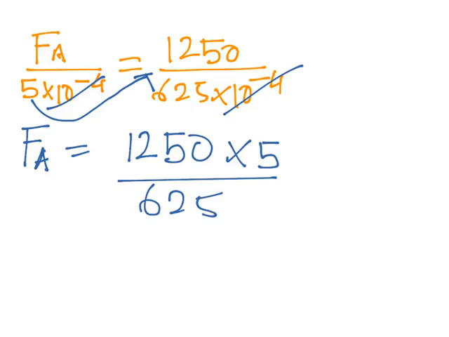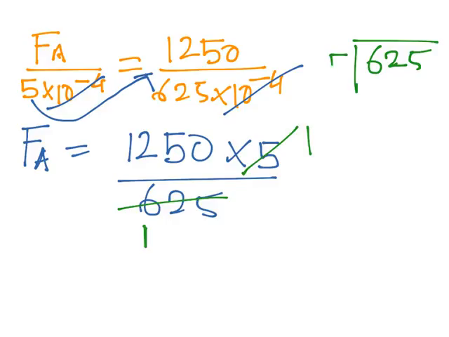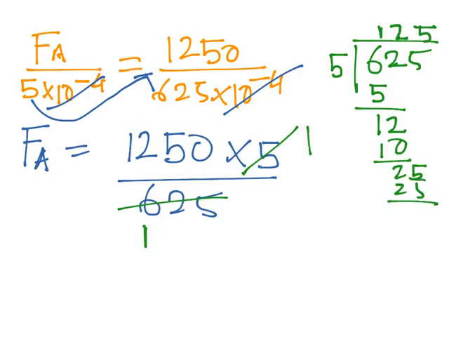Now if you divide 625 by 5, it's 125. So the 125 cancels with the 1250 and it becomes 10.